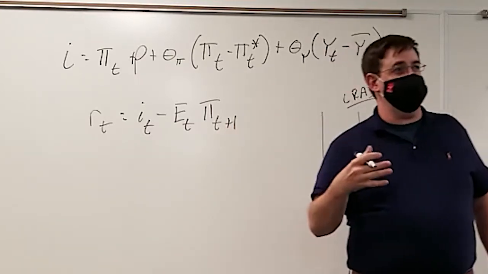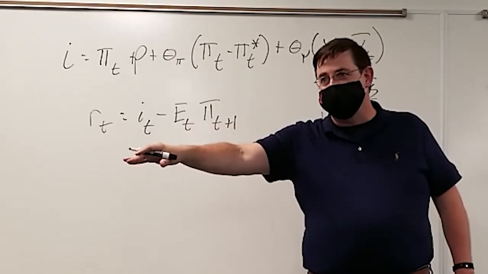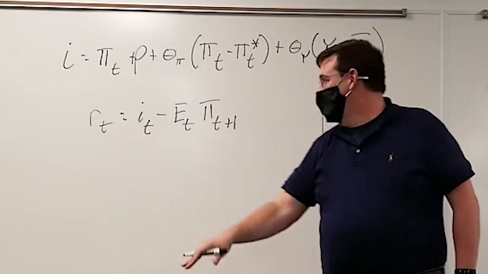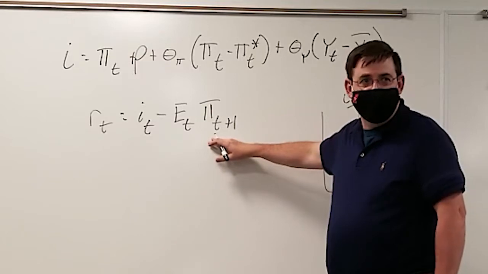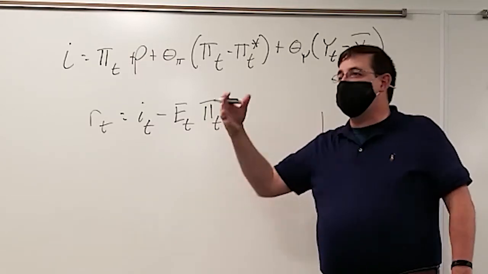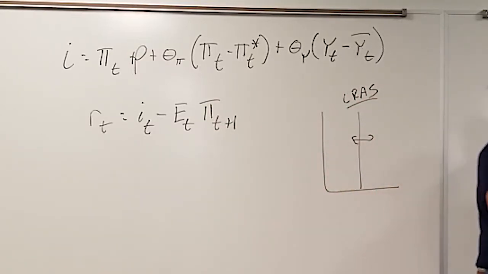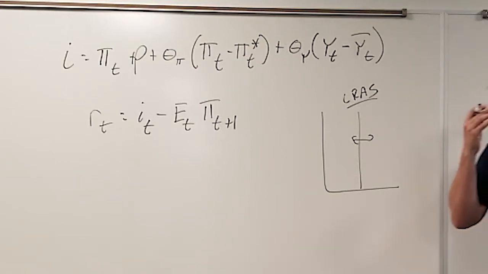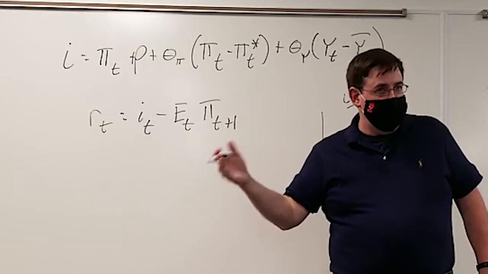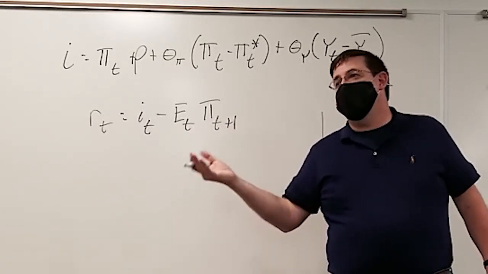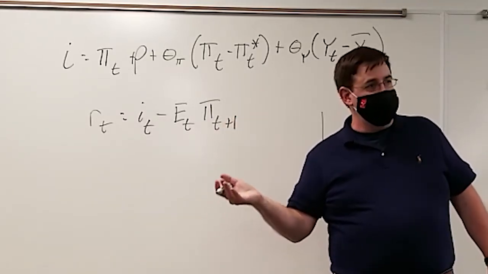Our best guess, if nothing else changes, is that inflation next year is going to be the same as inflation was last year. This is the same idea as the efficient markets hypothesis, which would say that what are our expectations about which stocks are going to do how well next year? The best we can know is whatever they were last year.